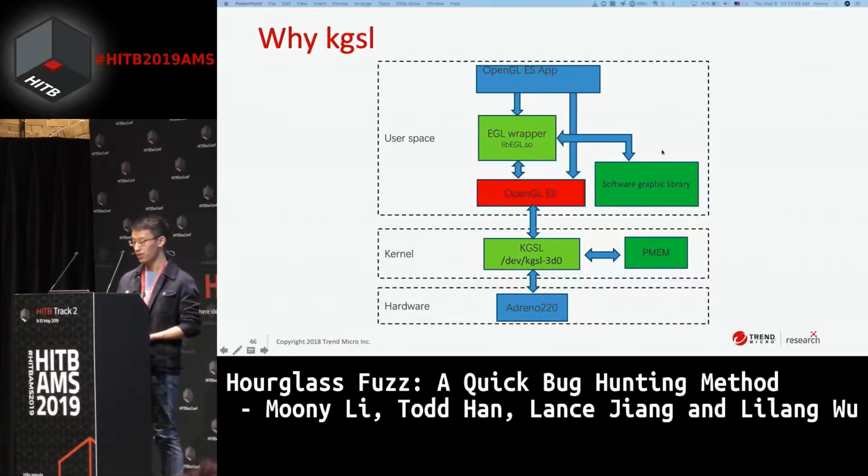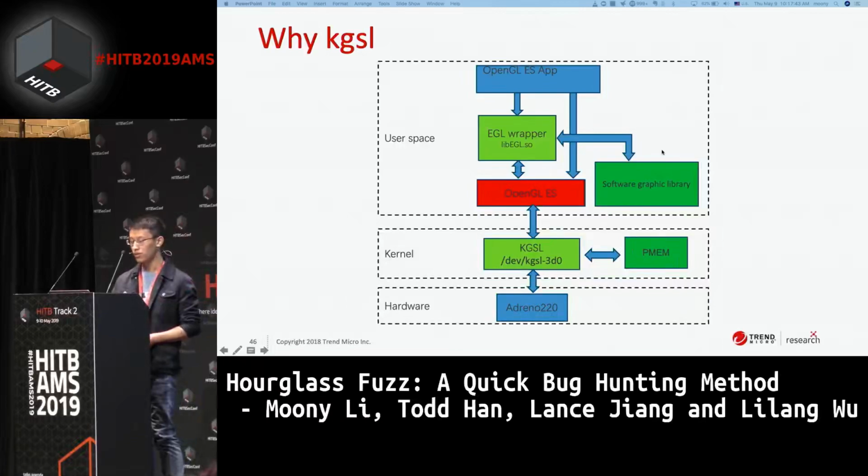The implementation of OpenGLES on the phone is a HAL layer, which is provided by Qualcomm and has no source code. The next layer is the KGSL 3D0 driver in the kernel, and it's open source. The driver node in the phone is dev/kgsl-3d0.